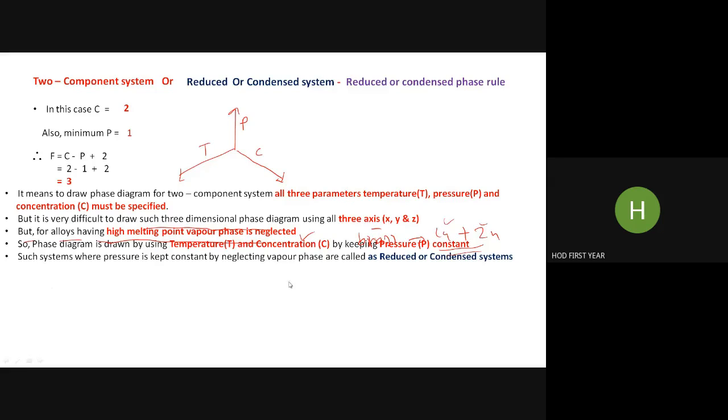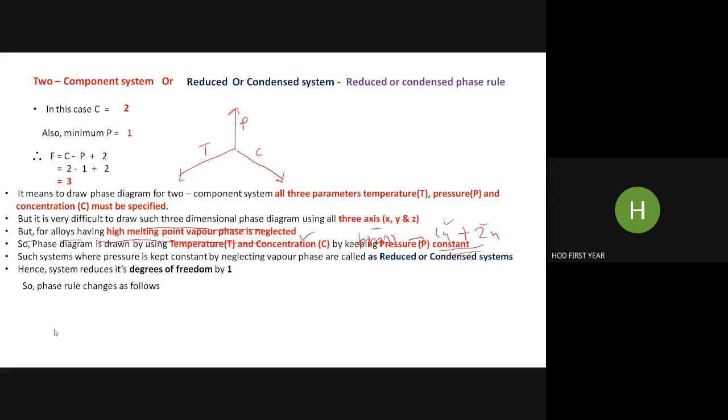So such systems where there is no vapor phase and pressure is kept constant are reduced or condensed systems. Accordingly, the system reduces its degrees of freedom F by one. So the phase rule changes.